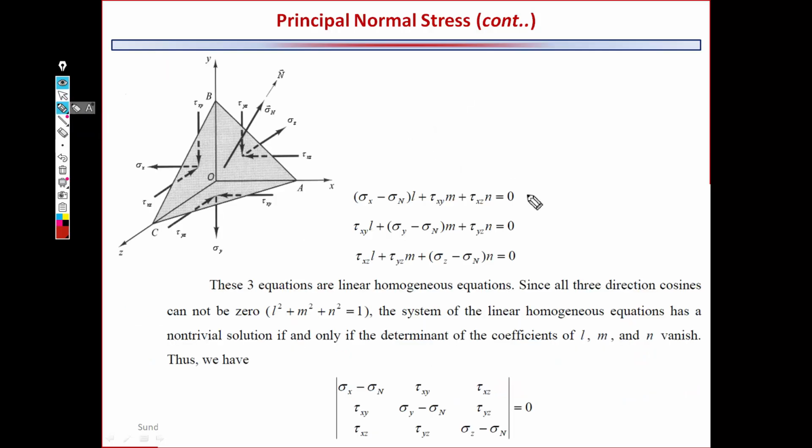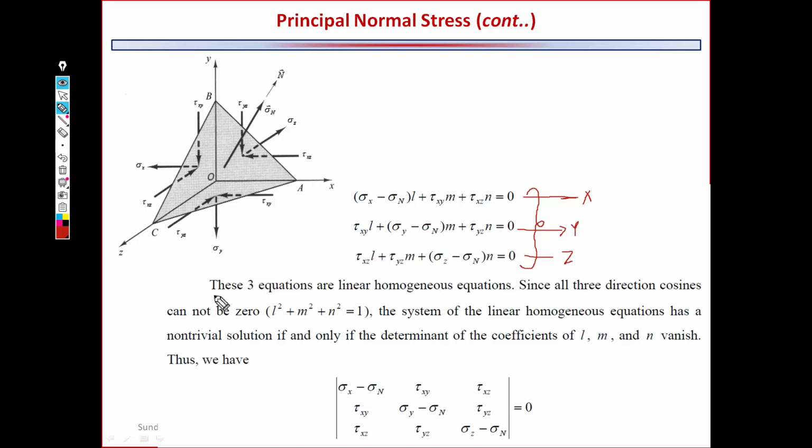This is the equation of equilibrium in x direction, this one in y direction, and this one in z direction.